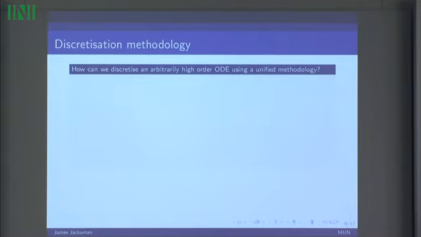Good. So now we have this arbitrarily high order ODE, and I'm going to tell you that we want to design a finite element scheme which can handle an ODE of any arbitrary order. So the question becomes, how do we design this finite element scheme of arbitrary order using one single methodology? Does anyone have any ideas? Yep.